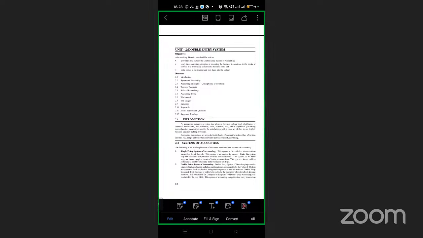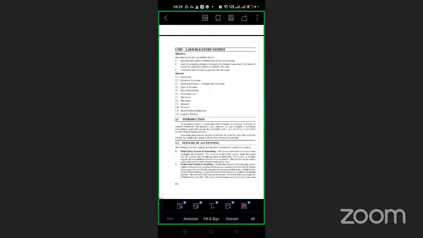Now, what is the double entry system? For every transaction, for example, I am selling goods to X. When I am selling goods, I am giving goods to the customer. What will the customer give me? Money.